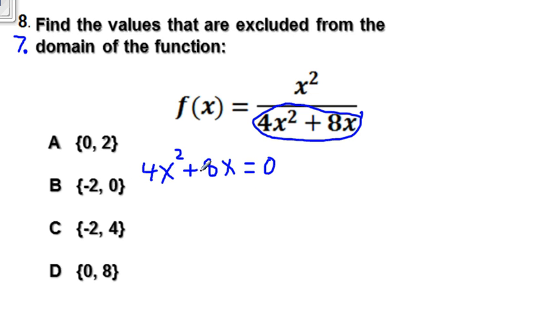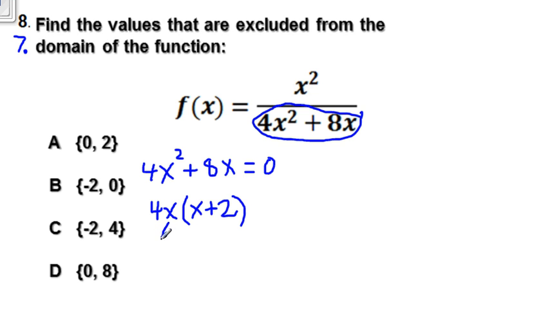And so we can factor, and our greatest common factor between 4 and 8 is going to be 4, and between x squared and x, it's going to be x. So we know that if we multiply 4x times quantity x plus 2, then we have our factored form, and we can set each one equal to 0.